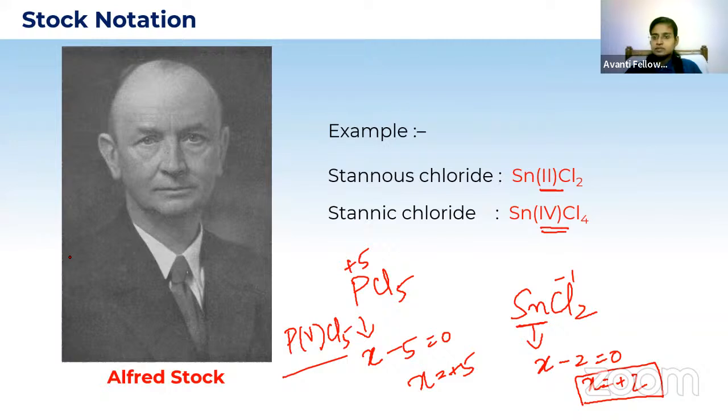Now, in the next slide, we are going to see one more definition for oxidation and reduction. We have already studied 3 definitions: 2 in terms of the classical concept and 1 in terms of the electronic, electron transfer concept. Now we are going to learn one more definition.